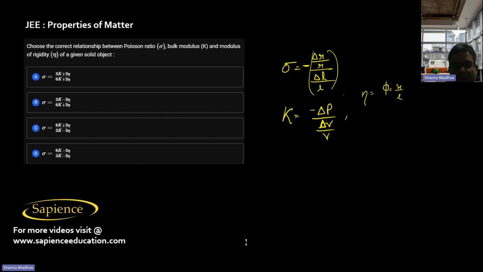So the rule is 2 eta into 1 plus sigma is equal to 3k into 1 minus 2 sigma.